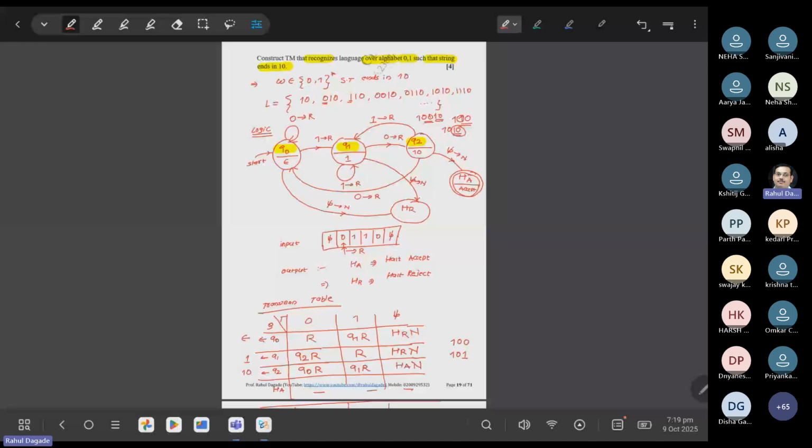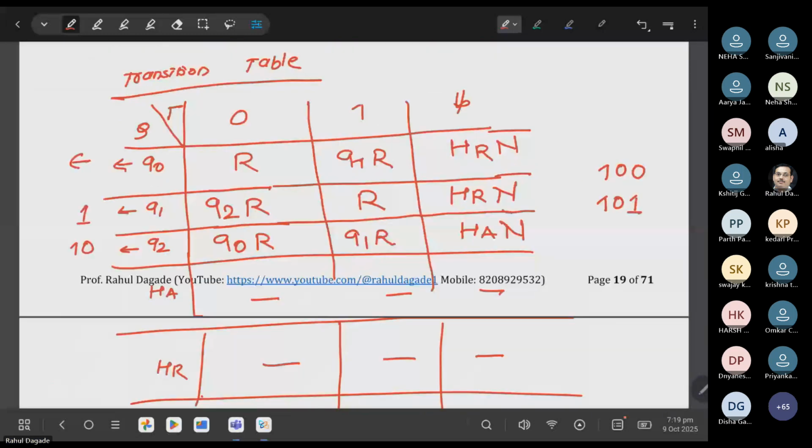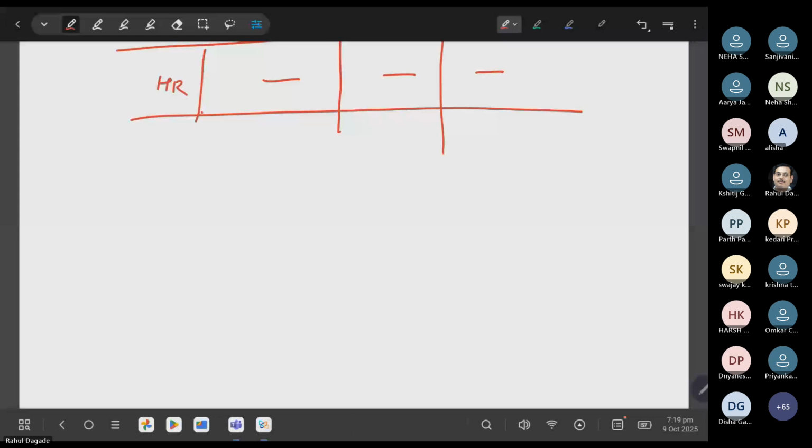Now let us show the simulation. Let us show two inputs, that is one that ends in 1 0 and one that does not end in 1 0.